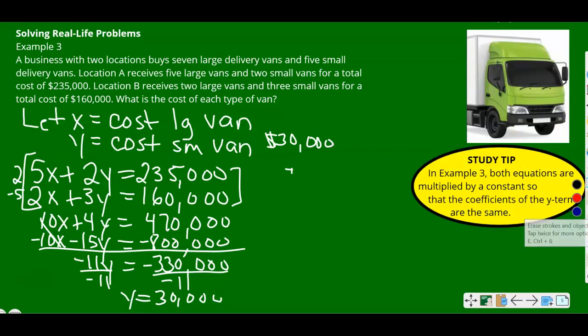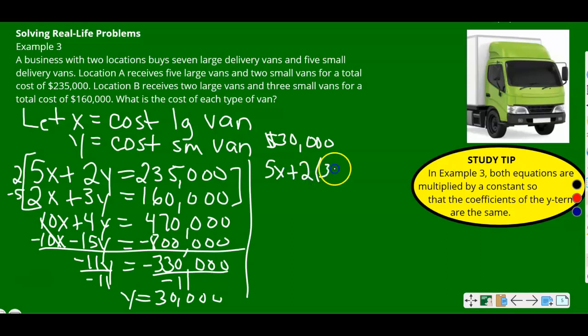All right. Now we've got to find the cost of a large van. So we need to take our 30,000, our y value, and plug it back into one of these two equations. It doesn't matter which one. So let's say 5 times x plus 2 times y.